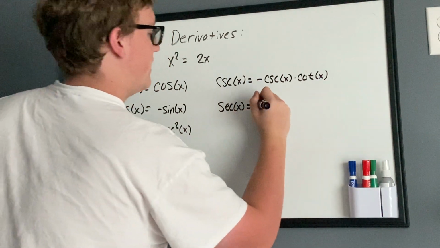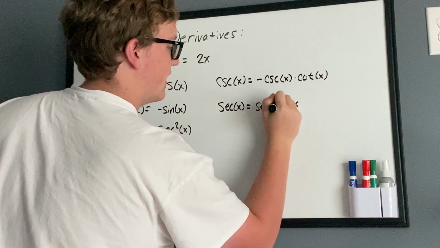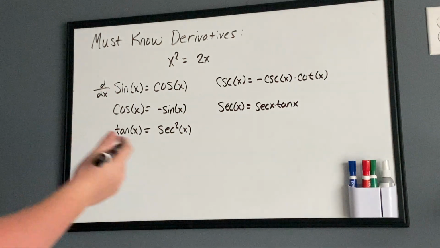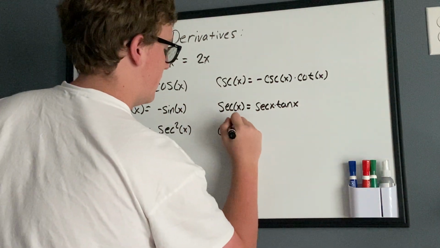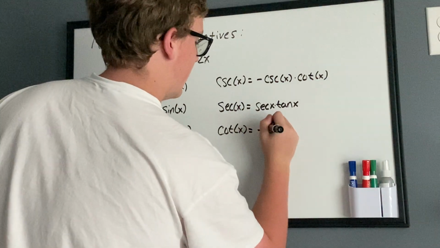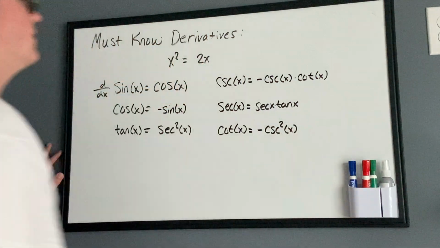This right here is secant x tangent x. Secant x times tangent x. And then one more, we have cotangent of x is equal to negative cosecant squared of x.